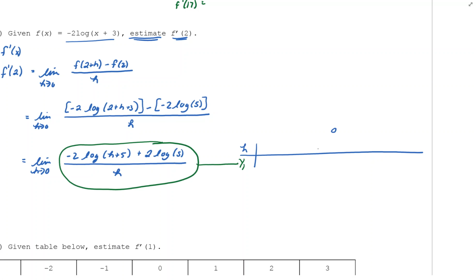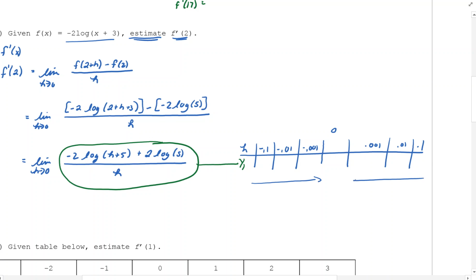And the values I'm going to be looking for are a little bit to the left of 0: negative 0.1, negative 0.01, negative 0.001, and then 0.1, 0.01, and 0.001. Plugging that into my calculator, I'll let you go ahead and do that. We end up with values that approach negative 0.1737. So hopefully you got that on your calculator as well.